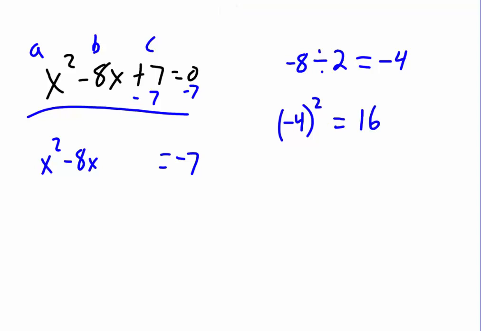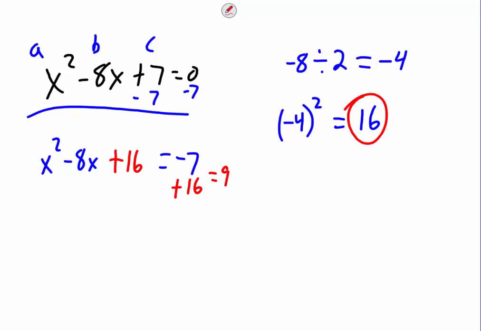Now, both of these values, the negative 4 and the positive 16, are needed in this problem. The positive 16 is the amount that I am going to add to each side of the equation. When I do that, this will turn into equals 9.